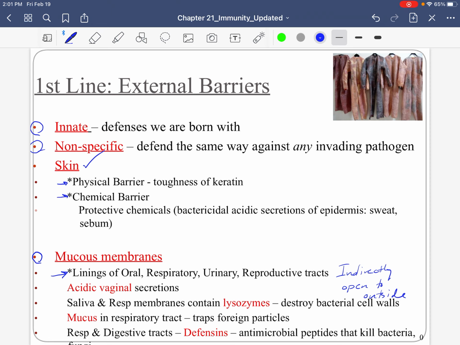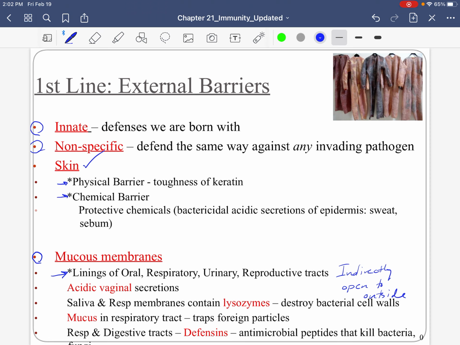So here are some examples. And you'll notice, my friends, just to be clear, the text in red are the examples that I'd like you to know. An example in terms of the reproductive tract in women is that the lining of the vagina will release some secretions that are very acidic.